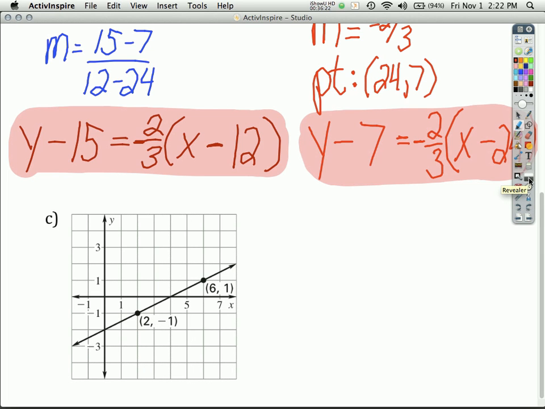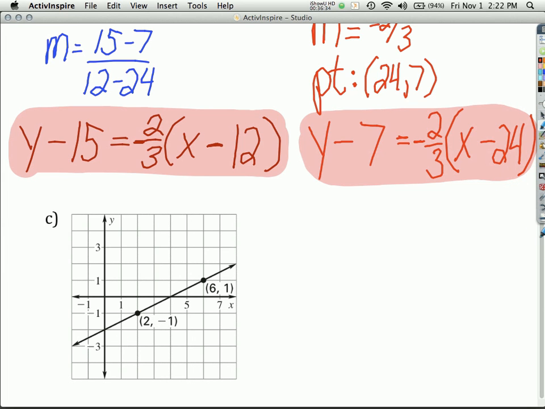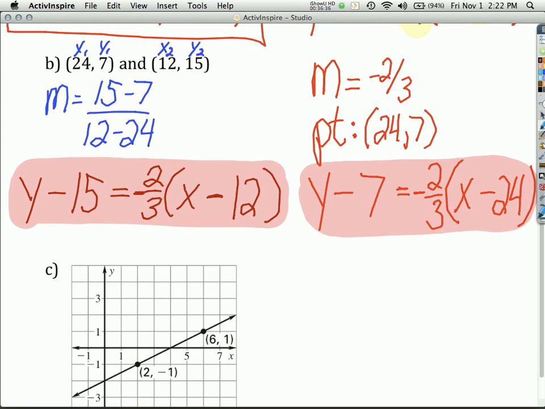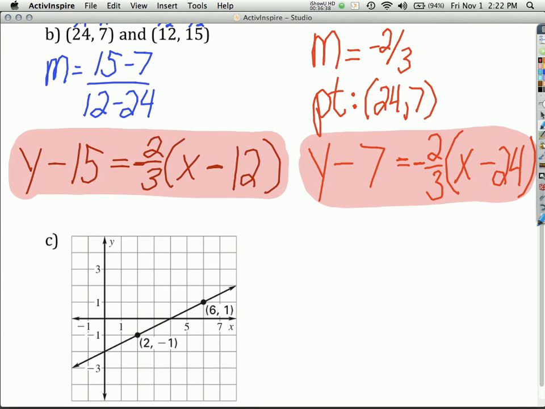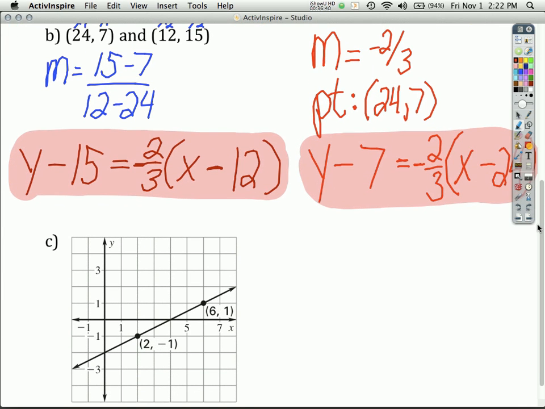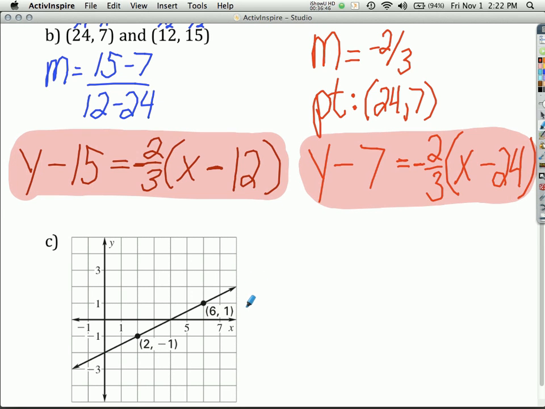It's presented differently. So there's really just one thing I wanted to point out with part C. Even though the information is presented differently, it's really no different than part B. So if I want to write an equation of this, I already know that Eric knows exactly what to do because he did it during the warm-up.